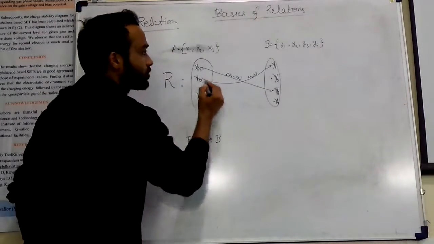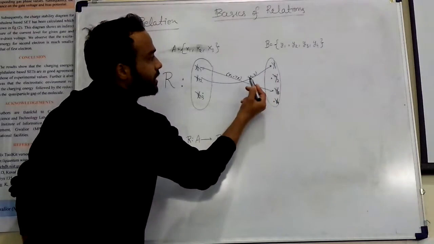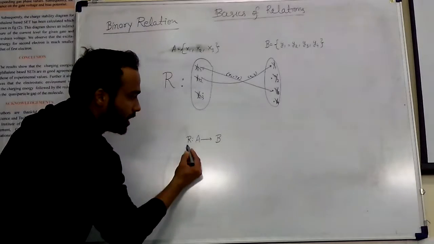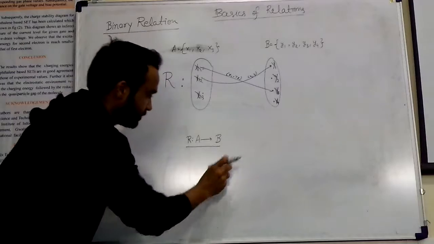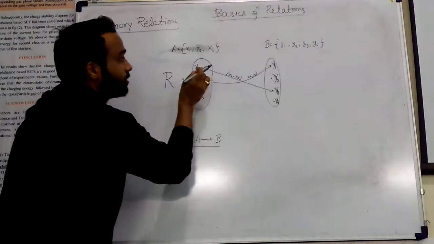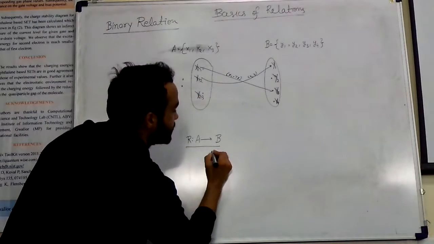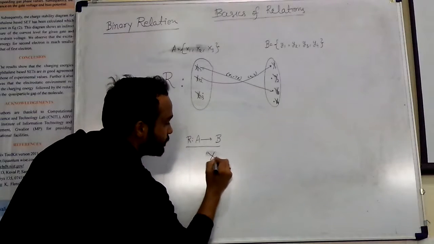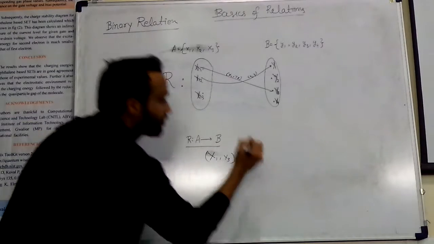Similarly, I draw a line from x2 to y1 and say that x2 is related to y1, (x2, y1). The notation for the relation is R from A to B. It is called relation R from A to B, a relation of elements of A to elements of B, and I then say the sequence (x1, y3) belongs to R.